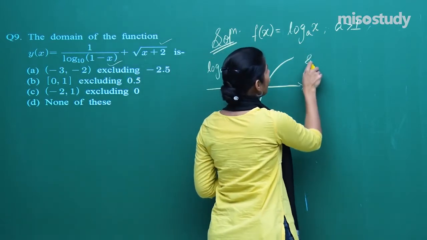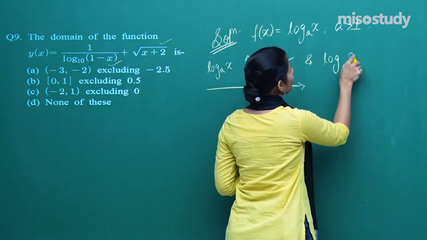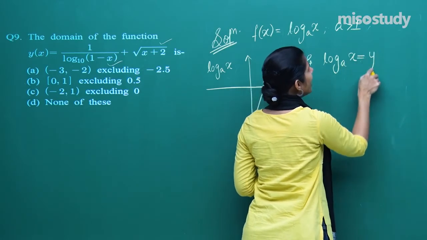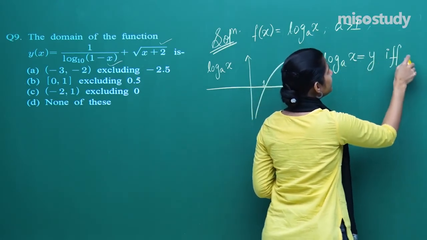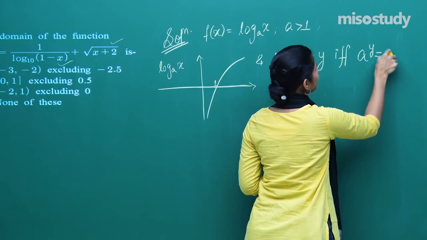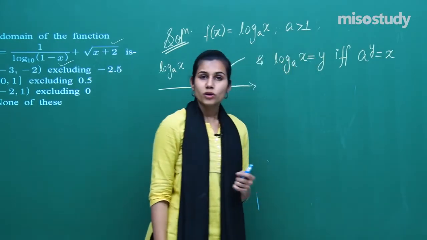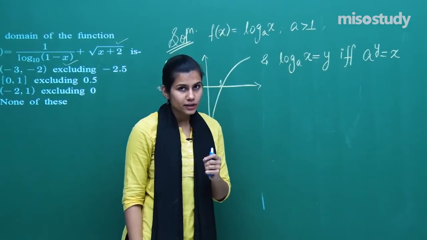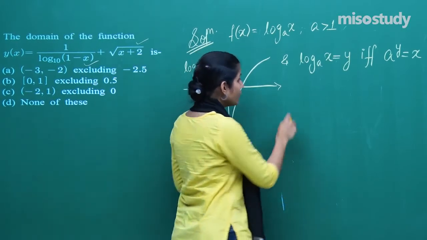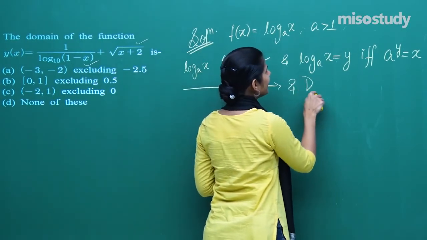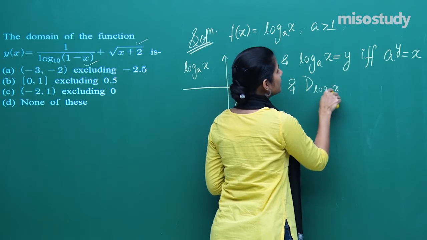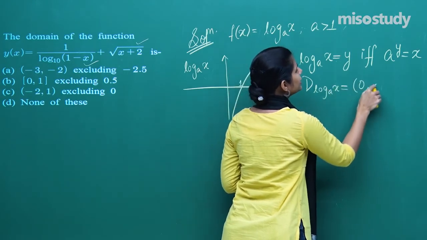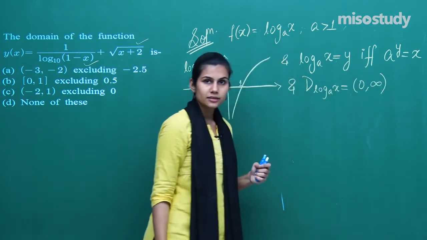And we all know log x to the base A is y, if and only if A to the power y is x. That is the definition of the logarithmic function. And we also know that the domain of log x to the base A is (0, infinity).